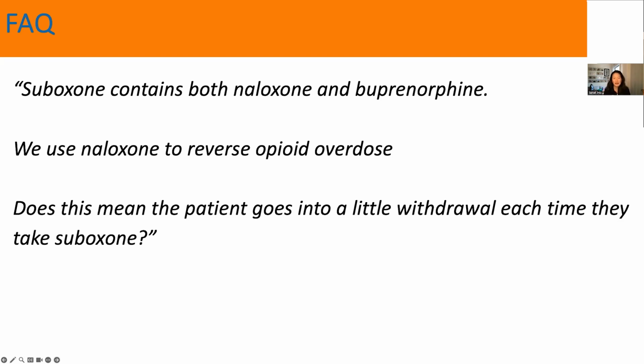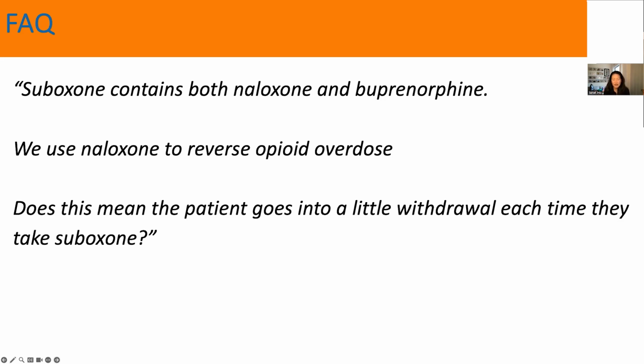Although I will say that there is maybe a little bit of naloxone absorption when people take it orally. It's pretty negligible, but for patients whom I've had on this combination product, if you do a urine tox, many of them will have naloxone be positive. And so it's just something to be aware about.